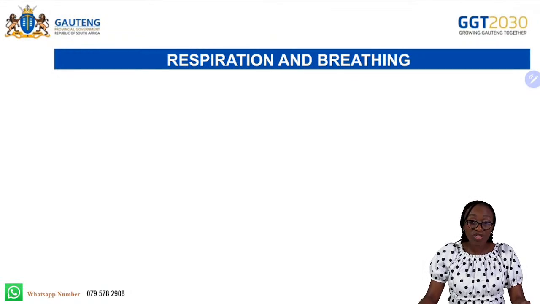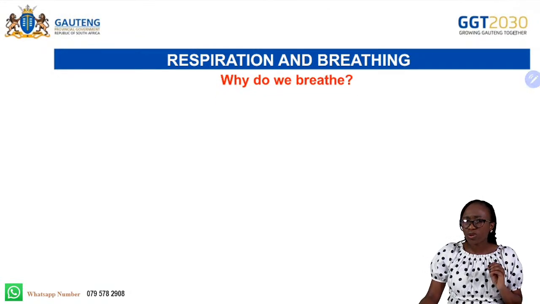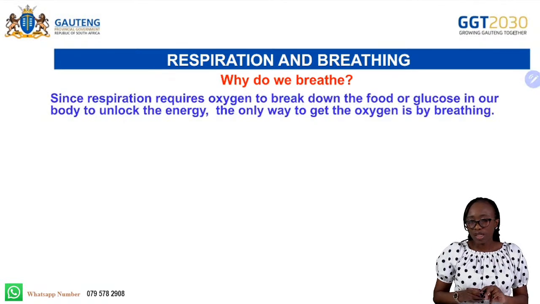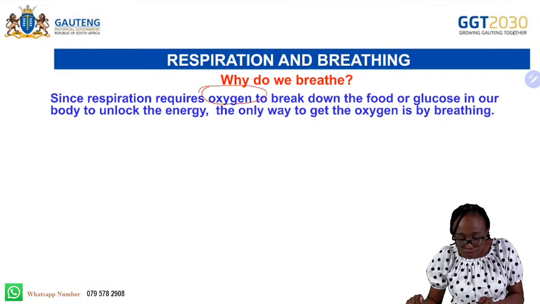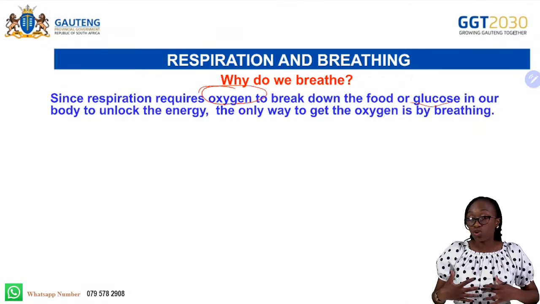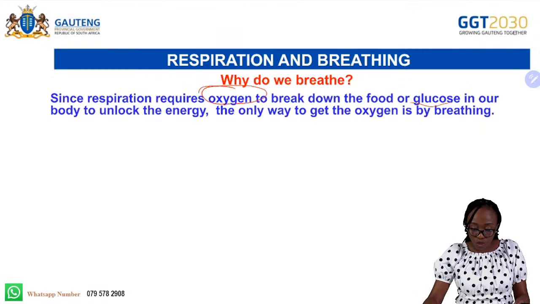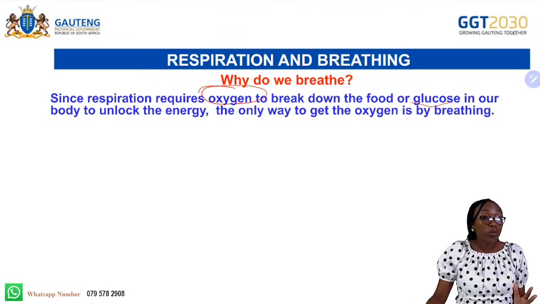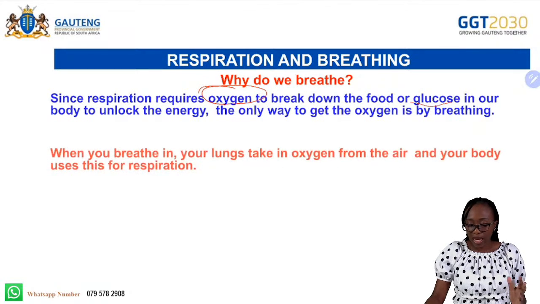Now let's talk about respiration and breathing. Why do you think we breathe? Since respiration requires oxygen to break down the food or the glucose in our body to unlock the energy that we need to do work, how can we get this oxygen? The only way we can get it is by breathing.